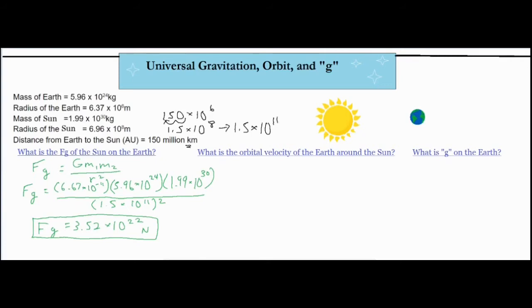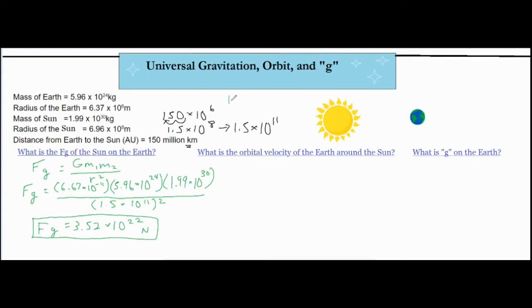All right, so a couple tips: when you plug this in, a lot of what you're doing here is mostly just plugging stuff into a formula and then trying to carefully place it into your calculator. If I'm putting in a number like 1.5 times 10 to the 11th, the way that I'll plug it into my calculator will be like this.